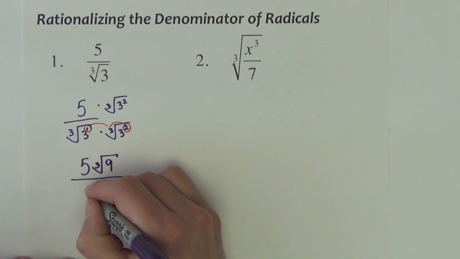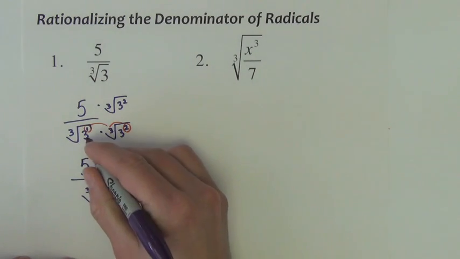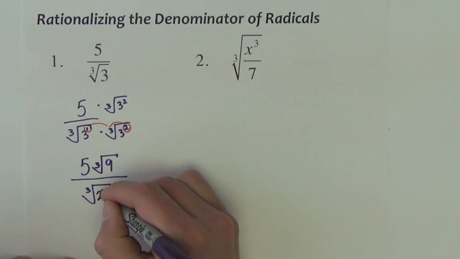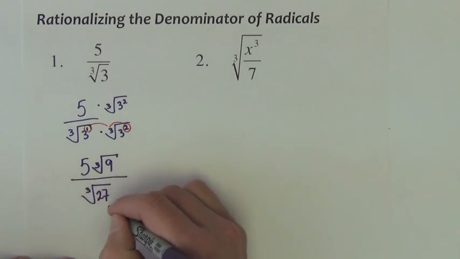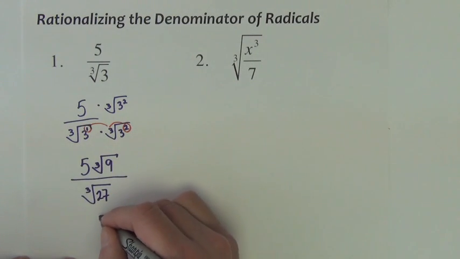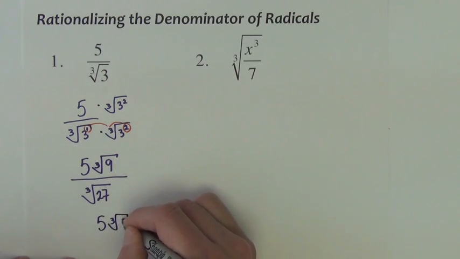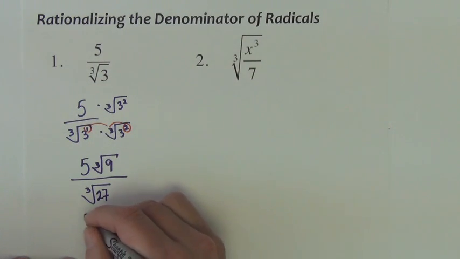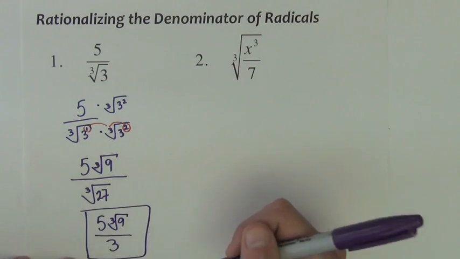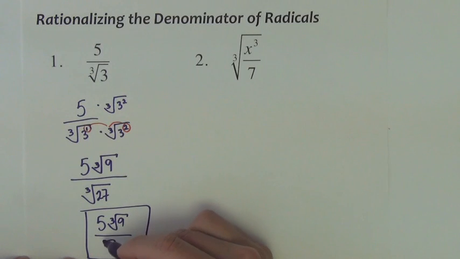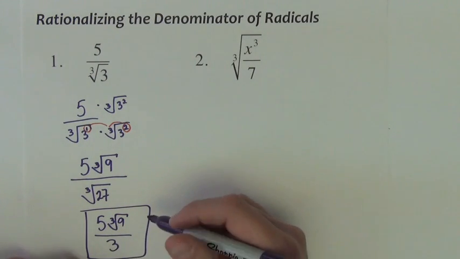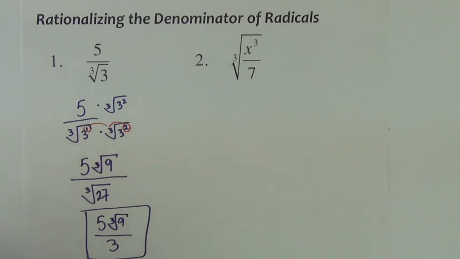The denominator is the cube root of, this is 3 times 9, which is 27. That's a perfect cube. That's what I'm trying to make. Answer is 5 cube root of 9 divided by 3. The idea is to form a perfect cube in this instance so that the radical is not in the denominator of that fraction anymore.